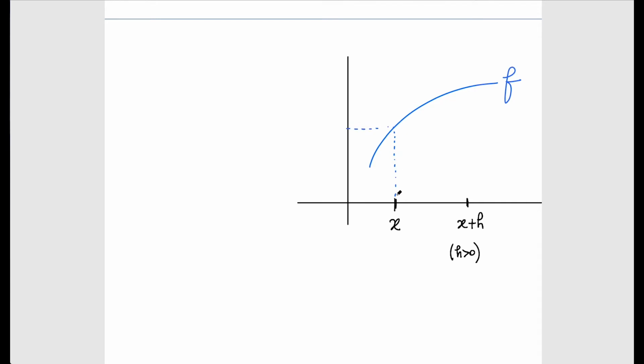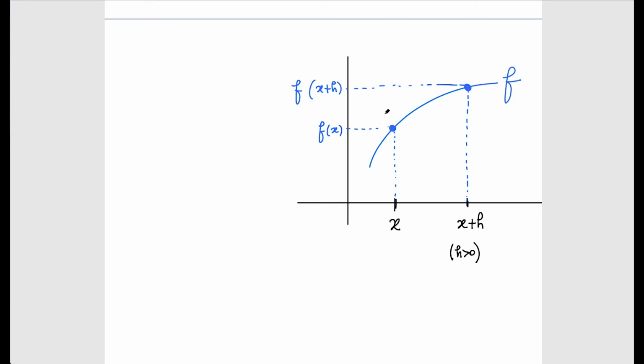Well, this is f of x, right? This is f of x. Okay. How about this height? This is f of x plus h, correct? The input is x plus h, so the output is this height. Am I correct? So we have this point and this point.